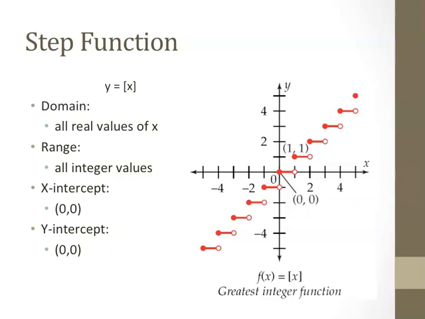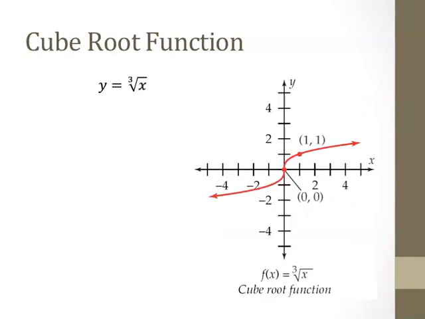All right, we have one last parent function, and that is the cube root function. So that's y equals the cube root of x. And you'll notice this has some similarities to the cubic function, but instead of being long in the vertical direction, it is long in the horizontal direction. Now the domain is all real values of x.